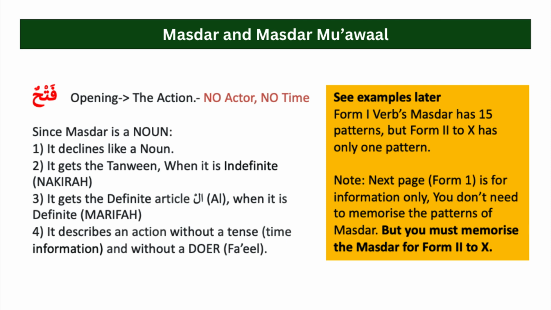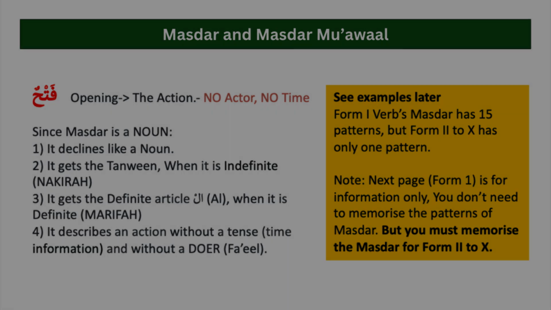So to summarize this part, a masdar is a verbal noun. It comes from a verb, but it only carries the meaning of the action, without any information about the doer or the time.